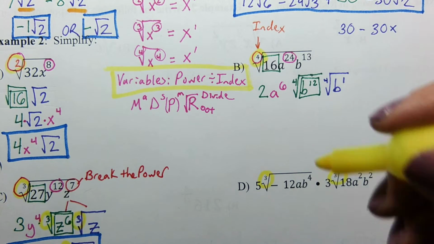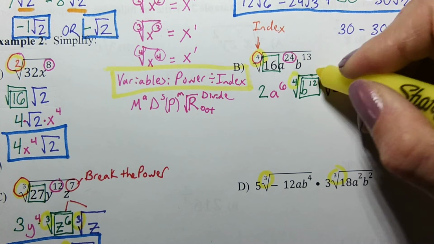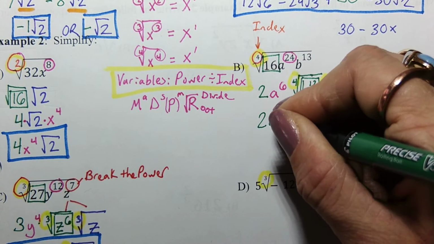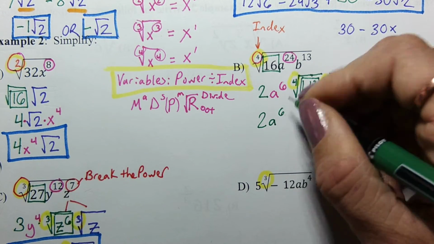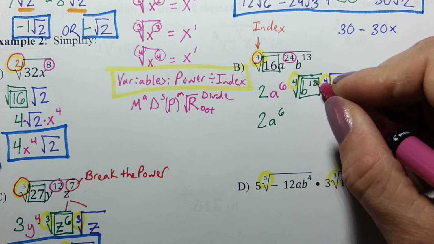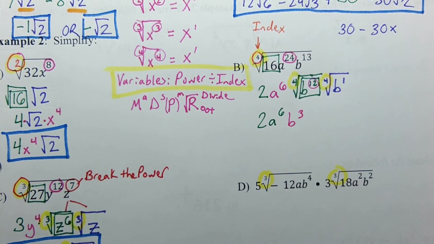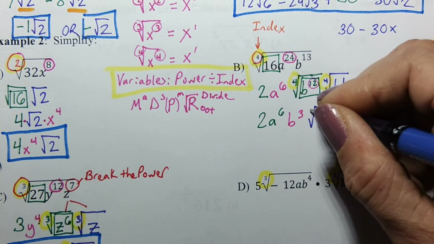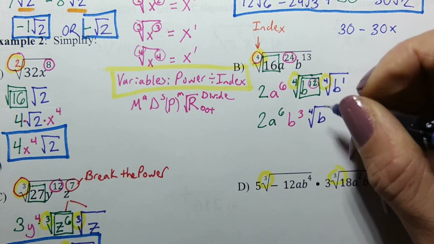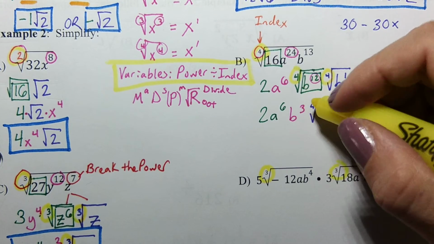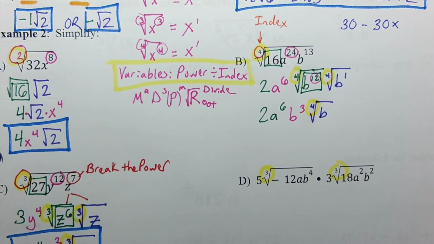Notice that I'm including that index, showing that it is the fourth root. So then we get 2a to the 6th. Power divided by index, we get b to the 3rd. And then the fourth root of b. Making sure we have that number inside the radical.